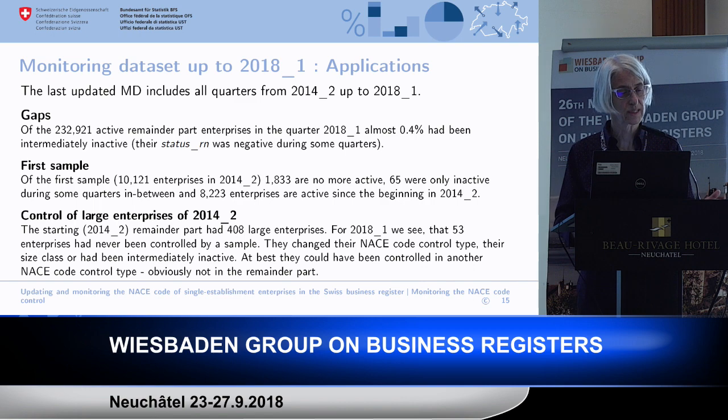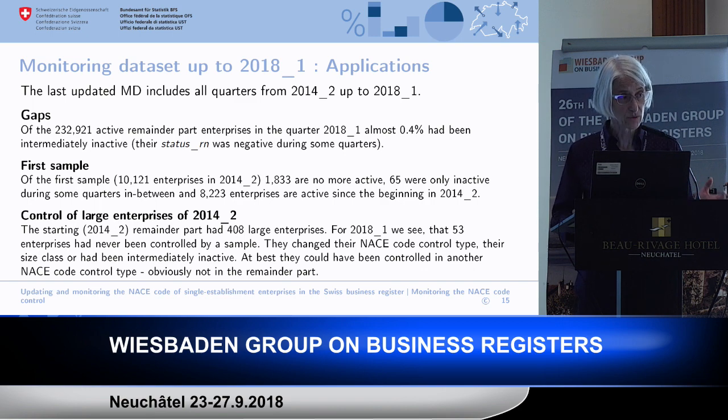Another thing we can do with the monitoring dataset, I will focus on the third application. There is the question: what happened to the 408 large enterprises of the first frame? Are they controlled till now? They should be, because the cycle length had been 2 years. We can see that now, in the first quarter of 2018, of these 408 large enterprises, we have controlled all except 53.